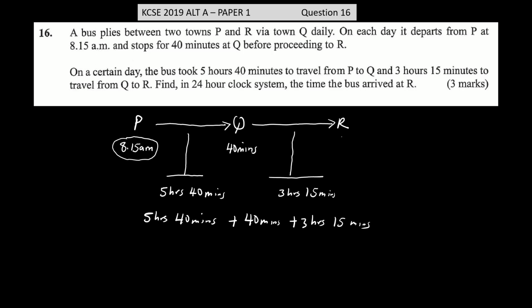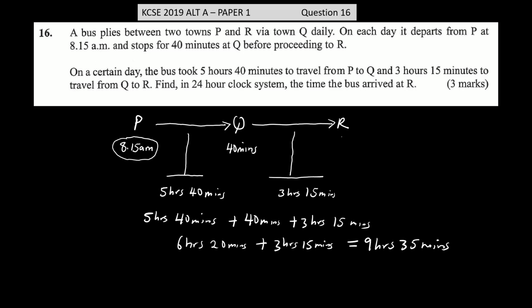If we carry 20 minutes from 40 minutes to join this, we have 60 minutes. This now turns to 6 hours 20 minutes. Then we add it with 3 hours 15 minutes. So this will now become 6 plus 3 is 9 hours 35 minutes. So for the total length of the journey, the bus used 9 hours 35 minutes to travel.